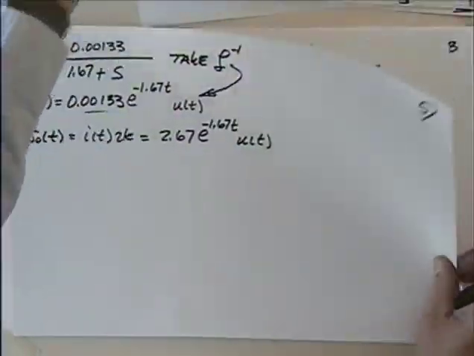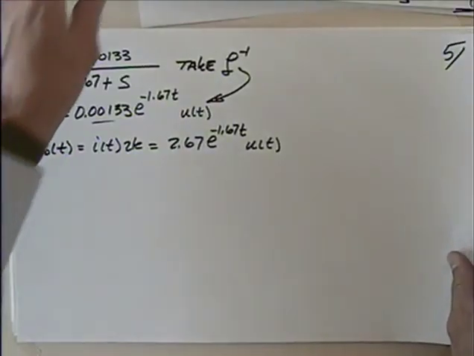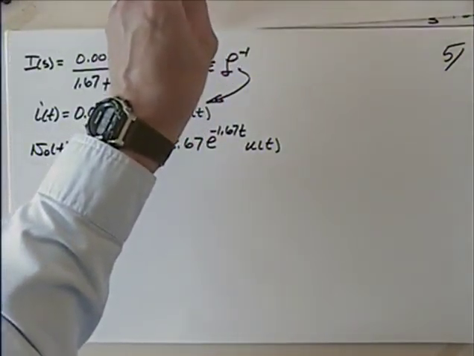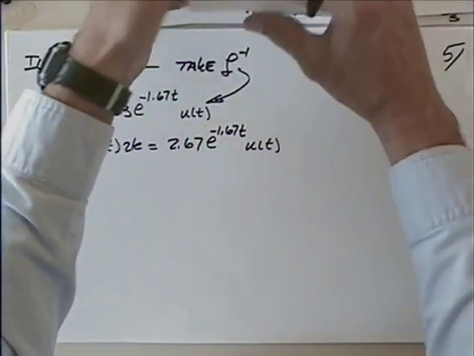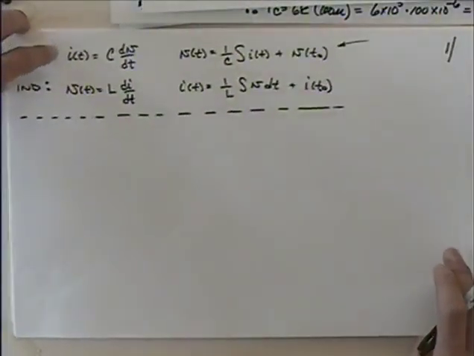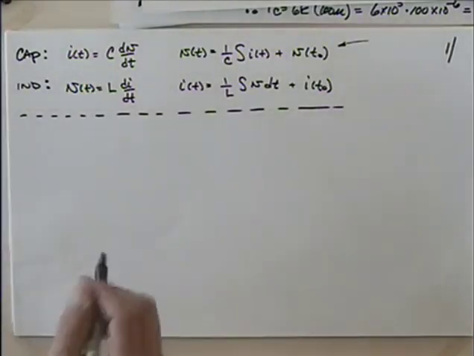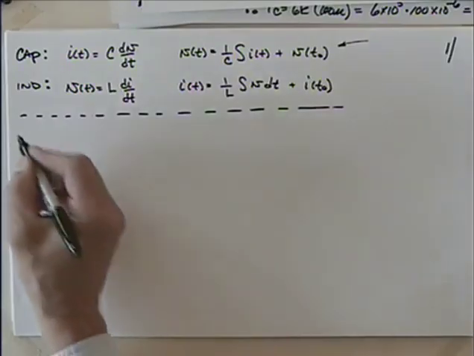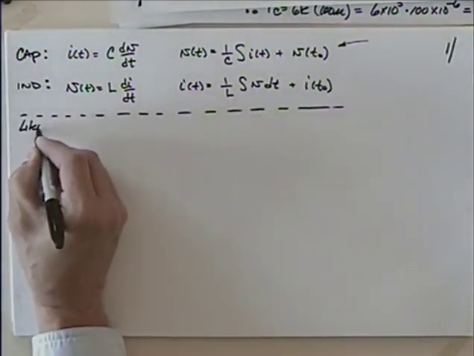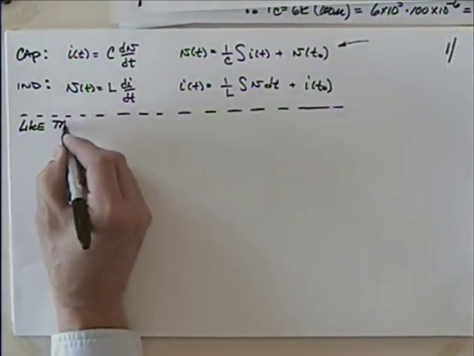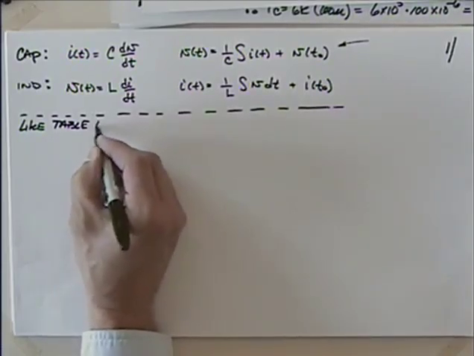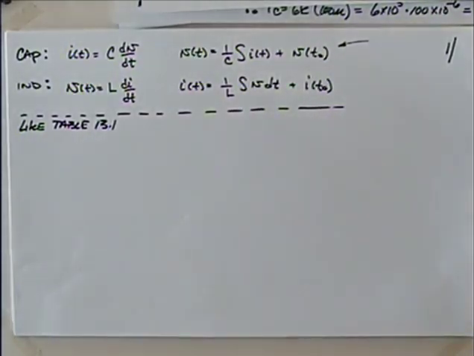So what I'm going to do before I do that is I'm going to run back to my formula sheet and I'm going to add some to this. So that was my page 1 here. I'm going to jump back to that and add some information here. And this is very much like table 13.1 in your textbook.